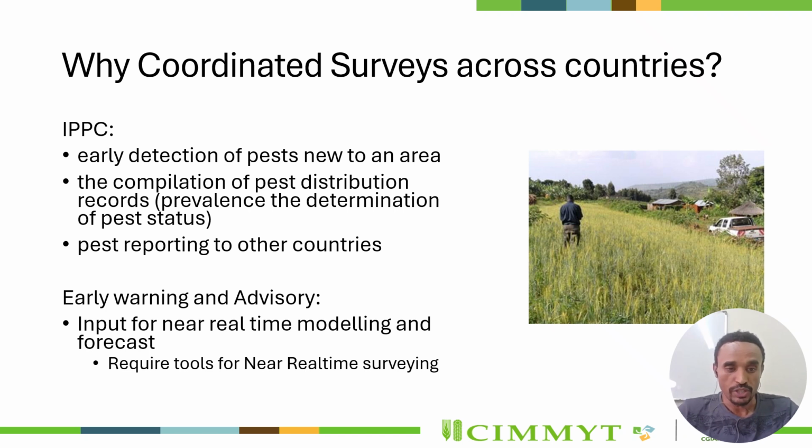Specifically to our project, the surveys that we do fit into the input for near real-time modeling and forecast that we are doing at Cambridge. So this one requires tools where we can collect data in near real time.